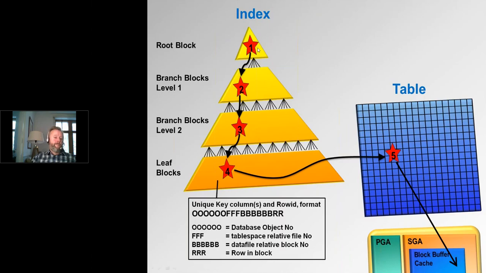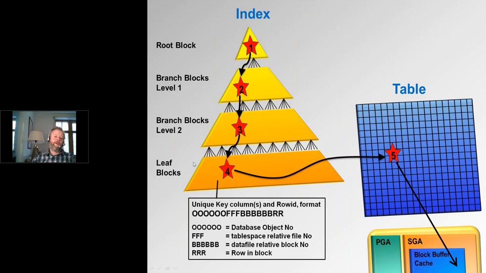So the root block can reference, depending on what you've indexed, whether it's an ID or whether it's a set of varchar 2s, it could be referencing 100 entries, it could be referencing 200 entries. One entry there will reference up to 200 entries there, which will reference up to 200 entries there, which will reference up to 200 entries there.